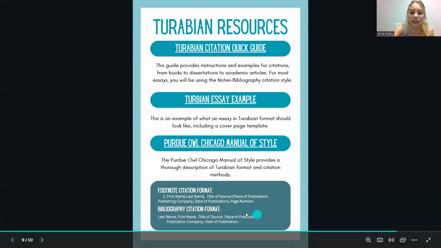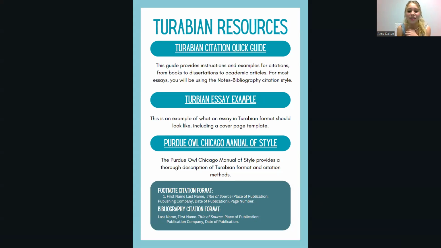So if you look at the difference, the first and last name are flopped, and there's a period instead of a comma, and then there are no brackets. So just small details like that. But in essence, they include the same pieces of information, just in a different order. So again, when you're citing a source, you're going to have those two different types of citations, and that's the footnote and then the bibliography.